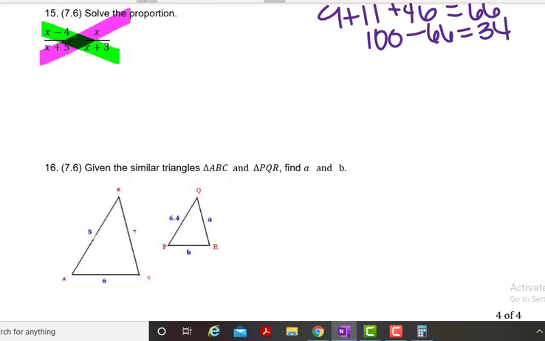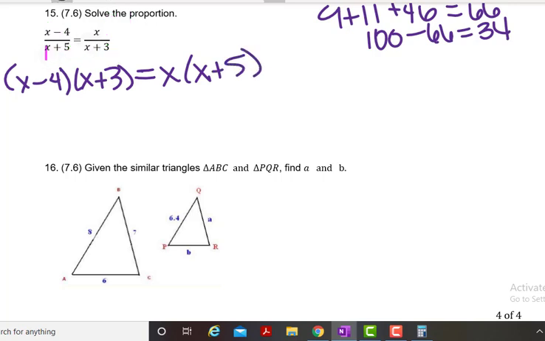And the means equal the extremes. So this will look like x minus 4 times x plus 3 is equal to x times x plus 5.